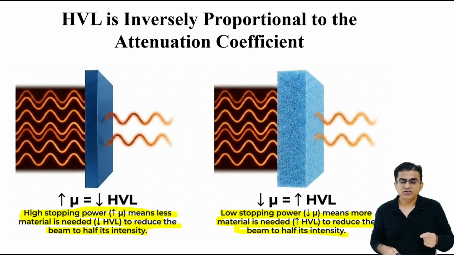Therefore, you will naturally need a much thicker piece of this sponge material. You must use this thicker piece to achieve that exact same 50% reduction in intensity. This clearly proves that a low attenuation coefficient strictly requires a very high HVL. Understanding this basic visual concept will make your daily shielding calculation much easier.